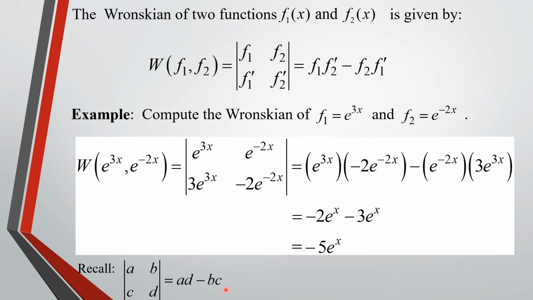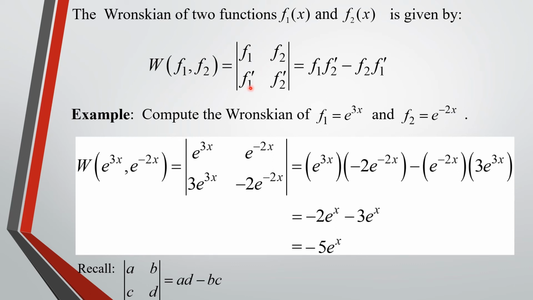We apply the same formula to evaluate the Wronskian of f1 and f2: f1 multiplied by f2 prime minus f2 multiplied by f1 prime. So A times D minus B times C.